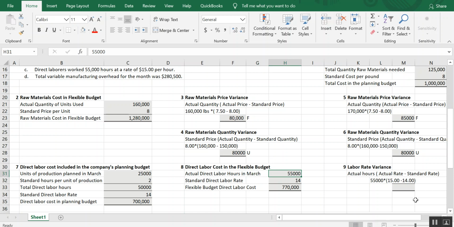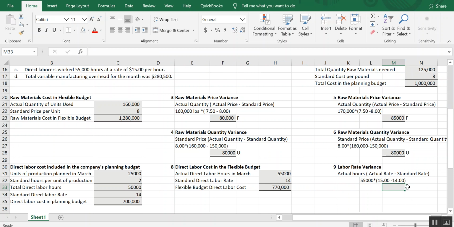We had 55,000 hours in actual activity compared to 50,000 in planned activity. So we take that 55,000 actual activity times the actual rate that we paid, which, if you go up here, says $15 per hour, minus the $14 an hour that we had for the standard cost.